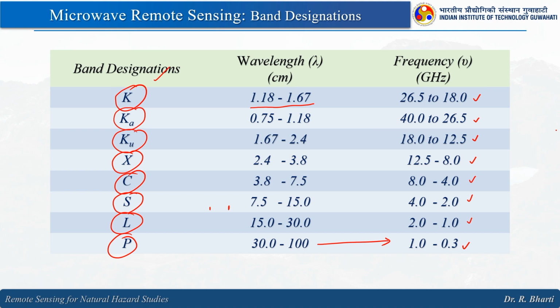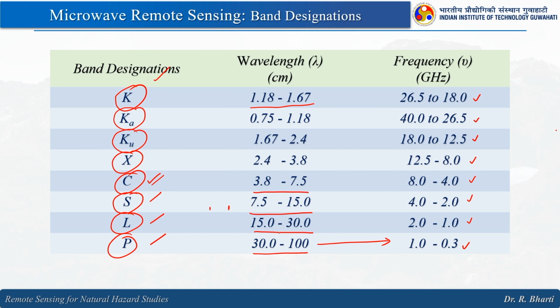If you refer to any sensor which is operating in the microwave domain, they will define whether it is sensitive in C band, S band, L band or P band, right. So, here this is 30 to 100 centimeter, this is 15 to 30 centimeter, 7.5 to 15 centimeter.